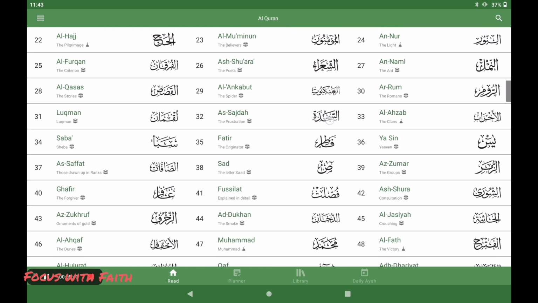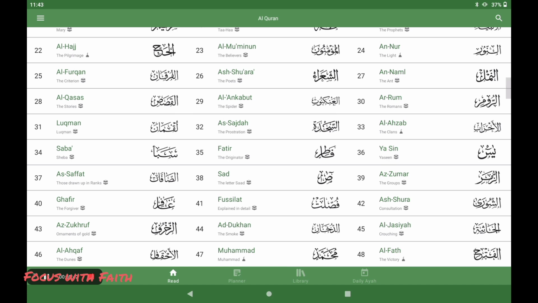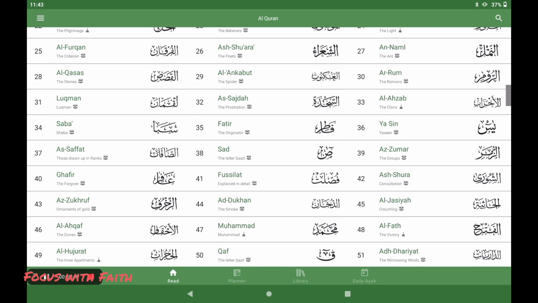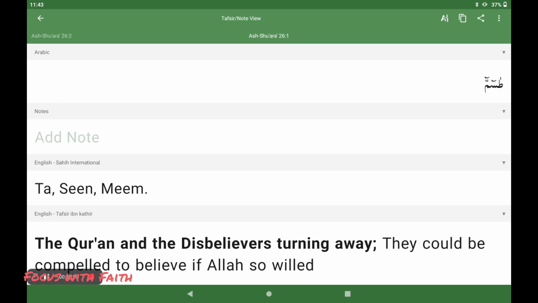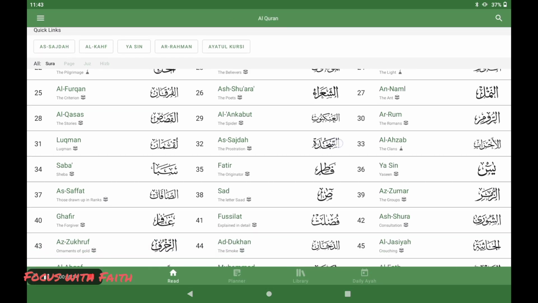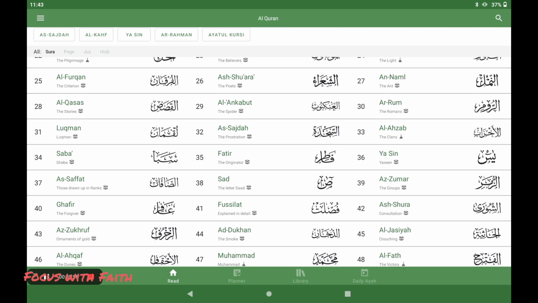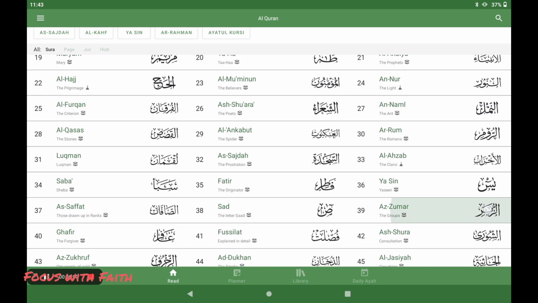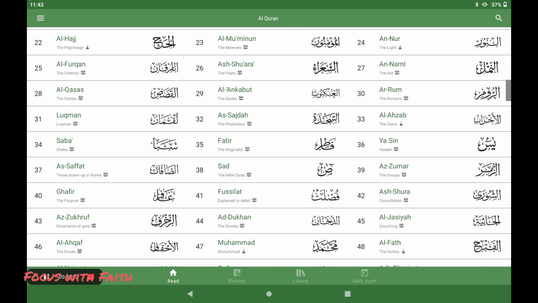And in all the shamsiya letters, you find one more thing common, and that is the third letter has the shadda. See ash-shu'ara, sheen has a shadda over it. As-sajda, seen has a shadda. An-naml, noon has the shadda. Az-zumar, za has the shadda.